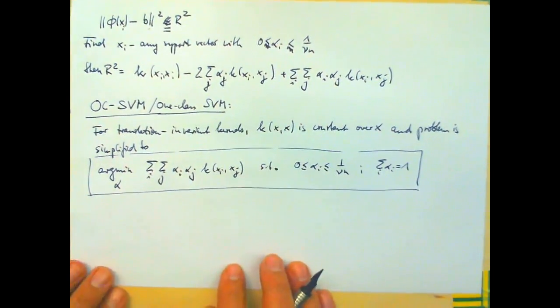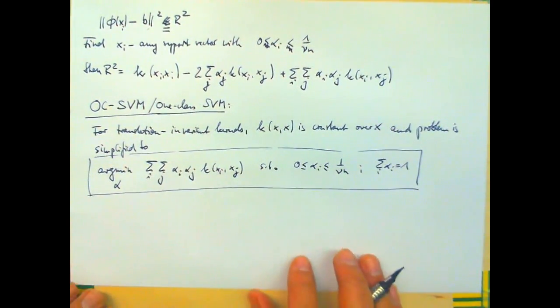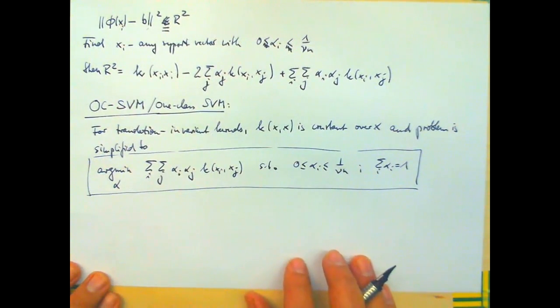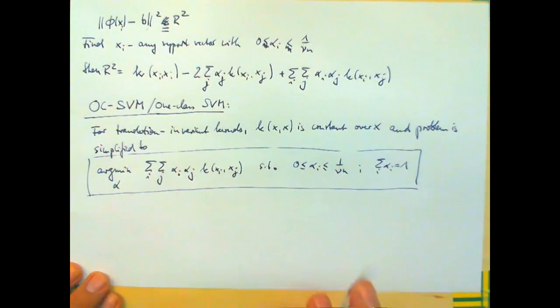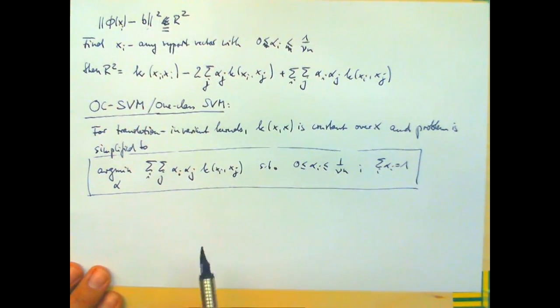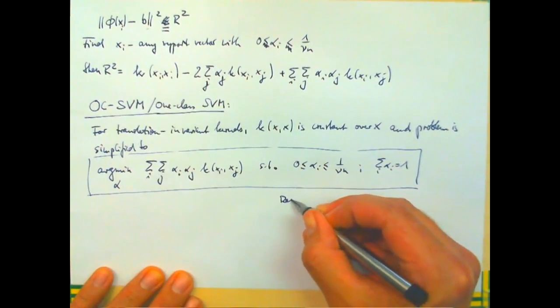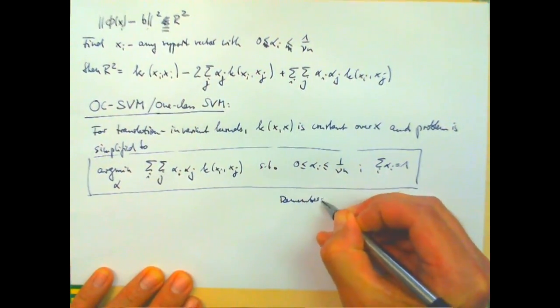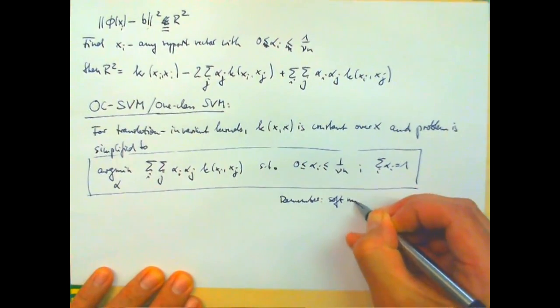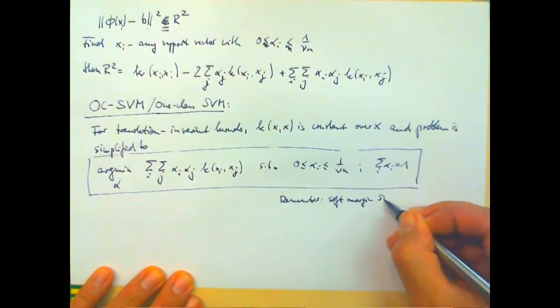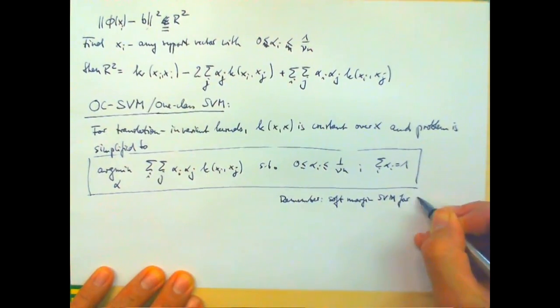This defines the one class SVM. And this formula is now very, very similar to the soft margin SVM. Just for comparison, the soft margin SVM for classification looked like this.